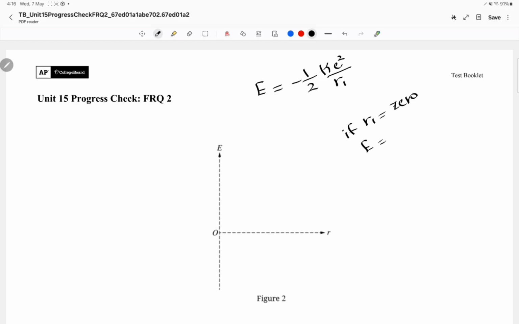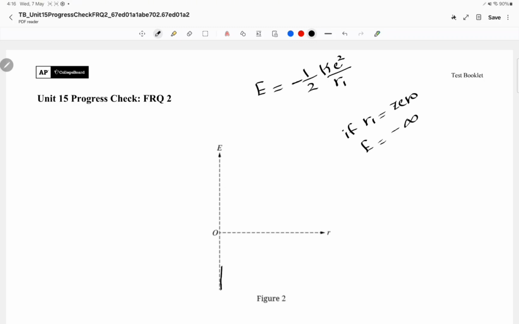A number over 0, and that can't happen. We get infinity, but negative infinity. Yeah, that's right. So let me draw it like this.